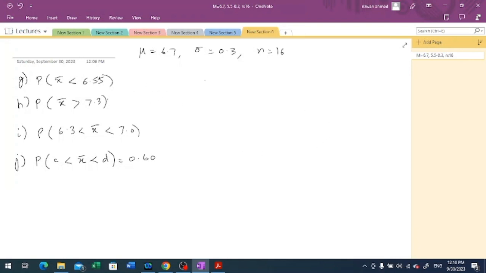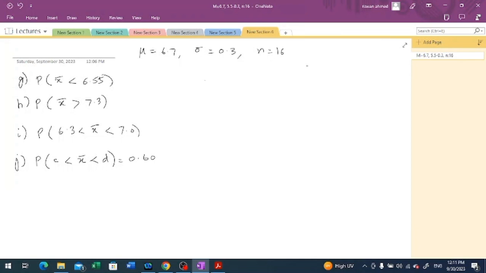So it can also be read as what fraction of the sample means will have the value below 6.55, what fraction will have the mean diameter exceeding 7.3, what fraction will have the diameter value falling between 6.3 and 7. Over here I'm using the word fraction, and fraction is a synonym of probability. Whether we use the word probability, fraction or proportion, it has the same meaning.